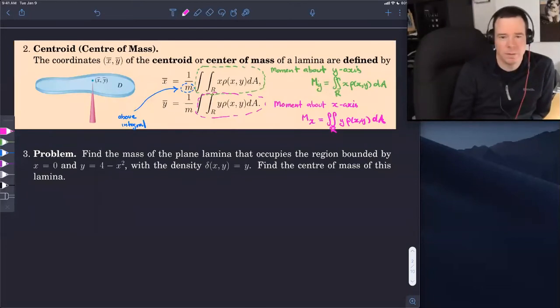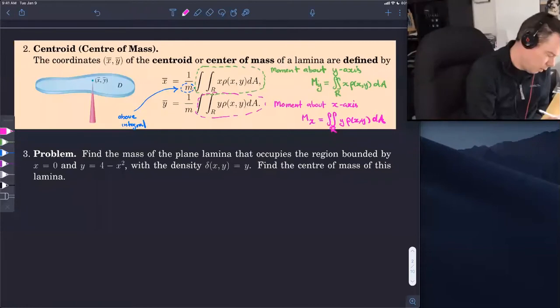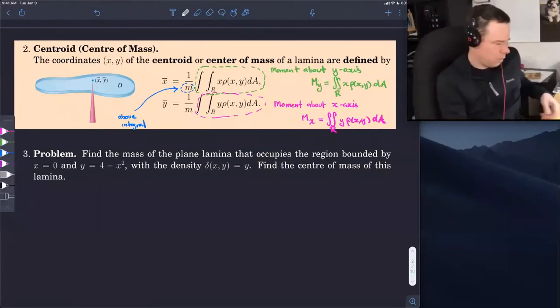It really depends on each mass element on the lamina and its distance to the y-axis. And so that's what this integral is capturing, the tendency for it to rotate about the y-axis, or the tendency to rotate about the x-axis. And the x and y centers of mass are those balancing points. So let's go ahead and do a calculation.